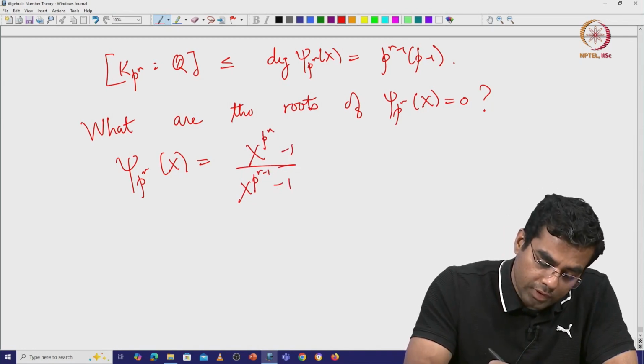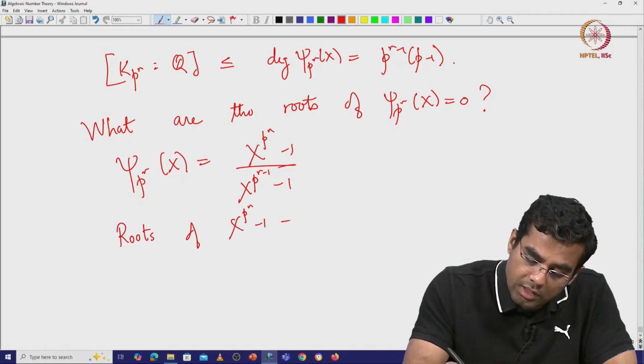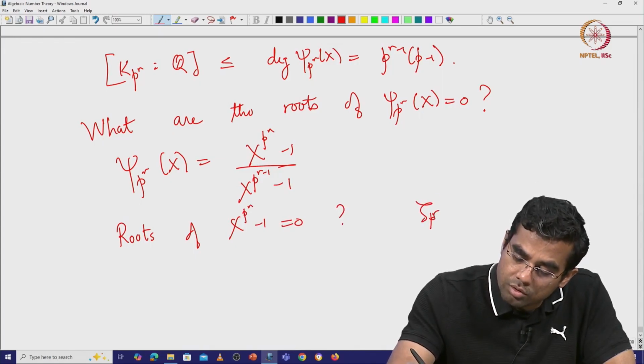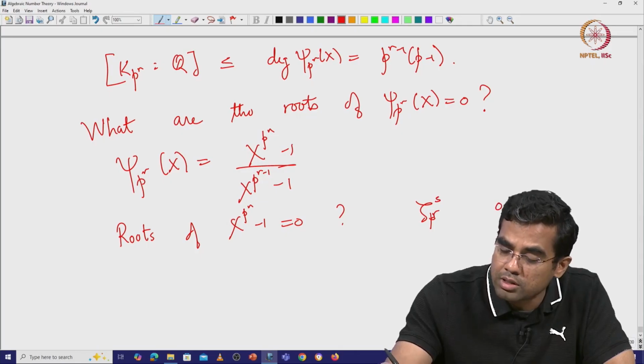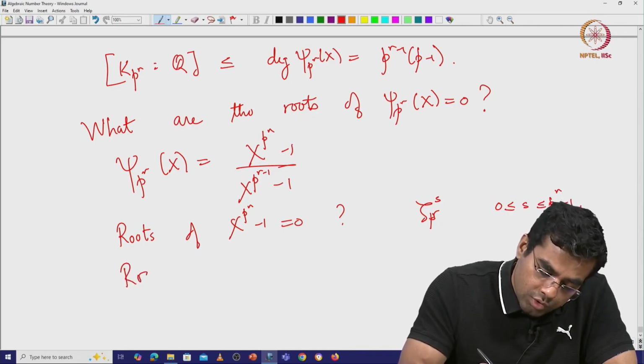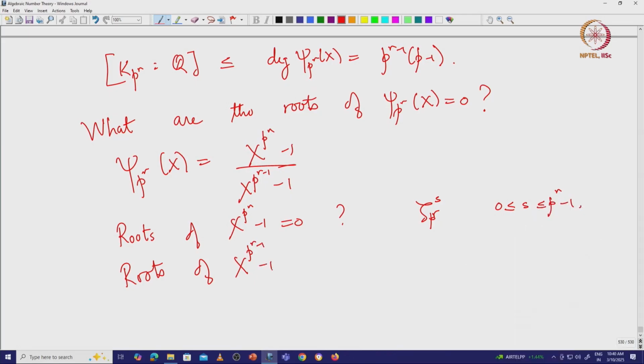And what are the roots of x to the p to the r minus 1 equal to 0? These are zeta p to the r to the power s, where s is between 0 and p to the r minus 1. Now, what are the roots of x to the p to the r minus 1 minus 1 equal to 0? This is zeta p to the r to the power p times s, where s is between 0 and p to the r minus 1 minus 1 this time, right.